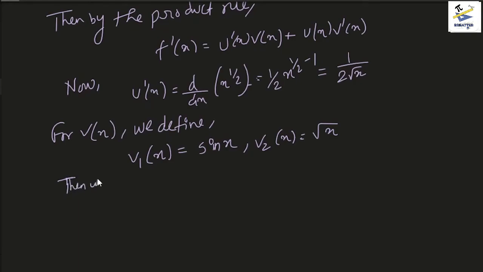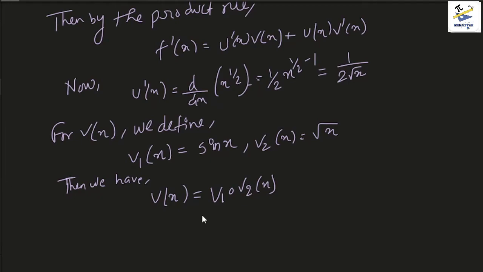Then we have v of x equals v1 composition v2 x. Well, obviously v2 is equal to u, but we can just have a different name because it's in a different function, so it wouldn't matter that much.